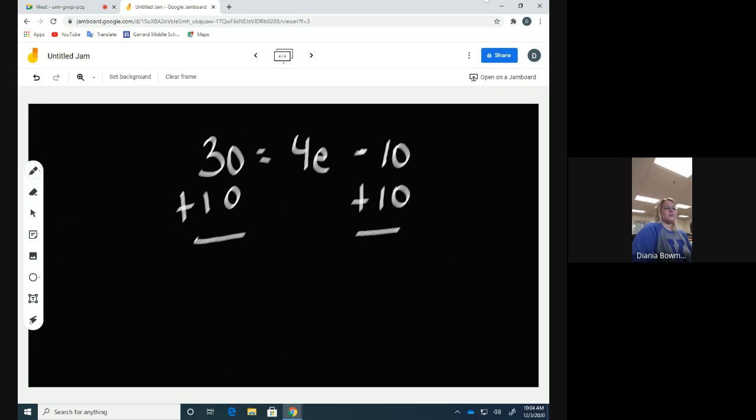So now my equation, let's switch colors, looks like 40 equals 4e. So now, Gwen, I got to get e all by itself. What do I do now, Gwen?